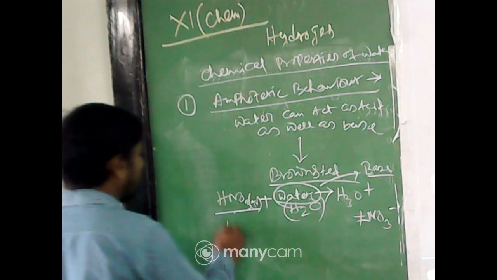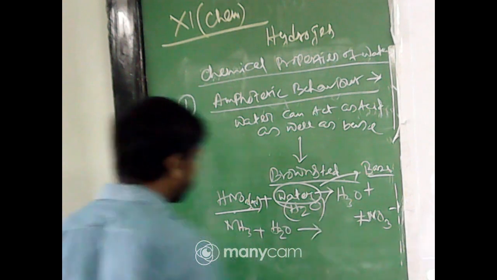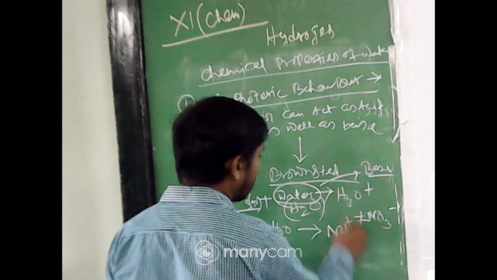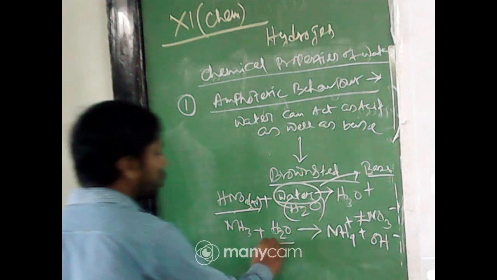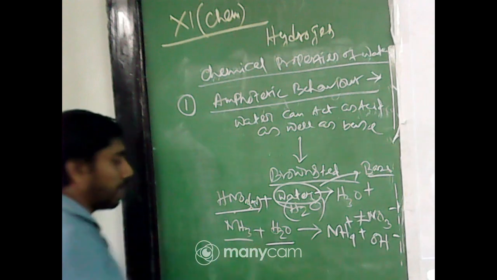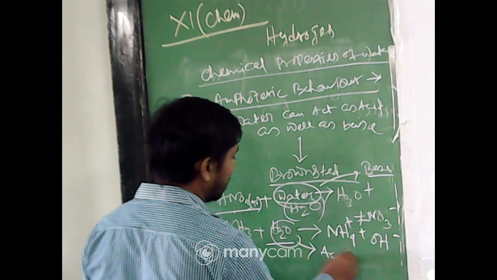In another example, NH3 plus H2O forms NH4 plus and OH minus. Now follow here, H2O releases H plus, which is taken up by NH3. So here H2O is an acid.